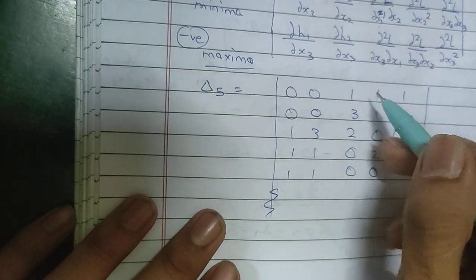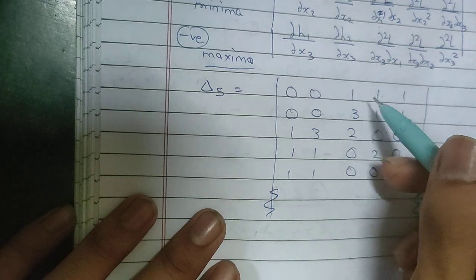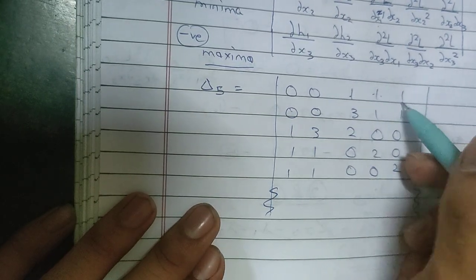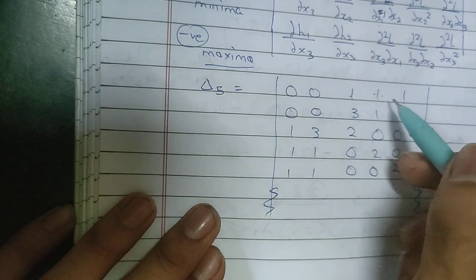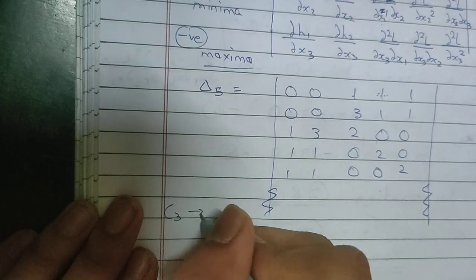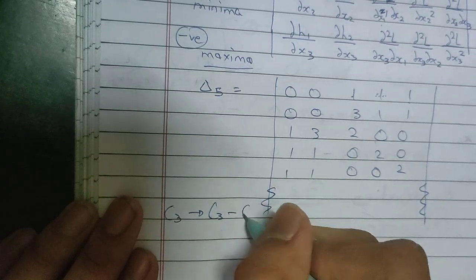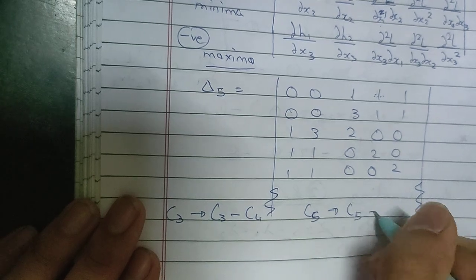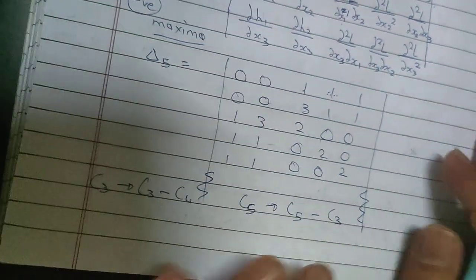This is column C4. So I'm going to do C3 is equal to C3 minus C4, and C5 is equal to C5 minus C3.